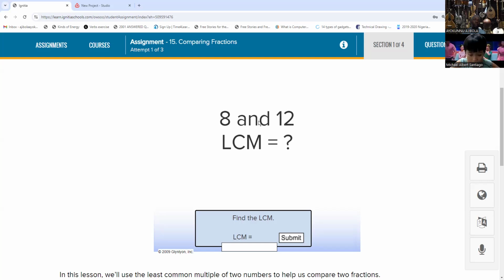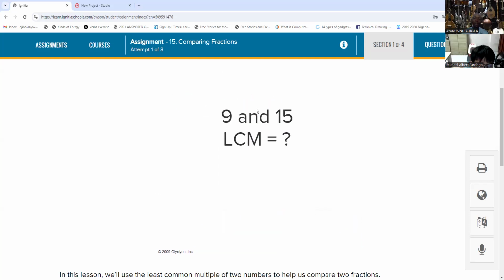Because the multiples of 12 are 12, 24, 36, 48, 60, 72, and so on. But the multiples of 8 are 8, 16, 24. So we have seen 24 because the second multiple of 12 is 24 and the third multiple of 8 is 24. So 24 is the answer. Is that correct? Yes. So that's the least.